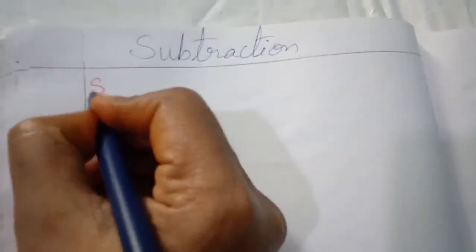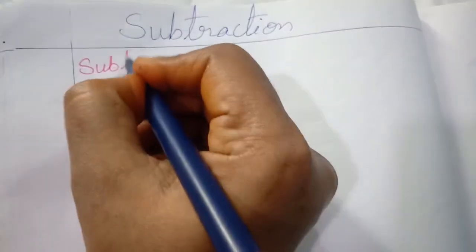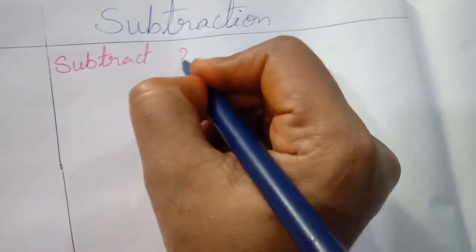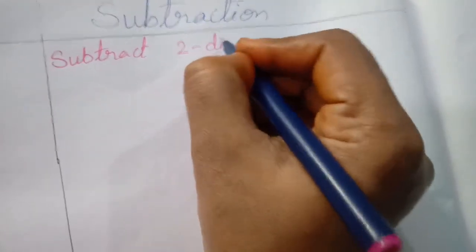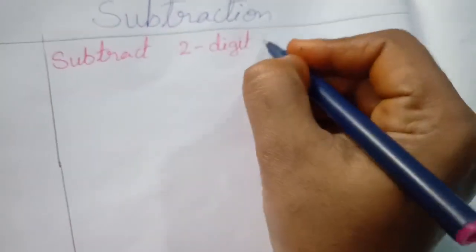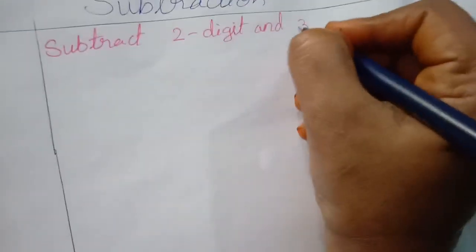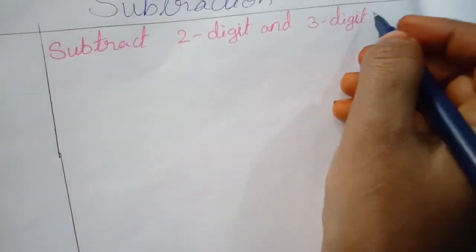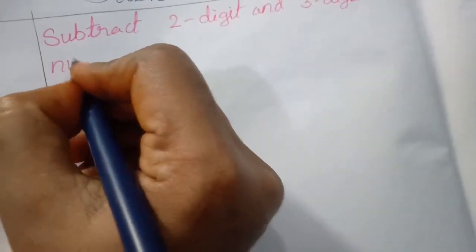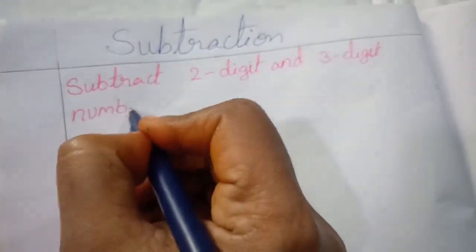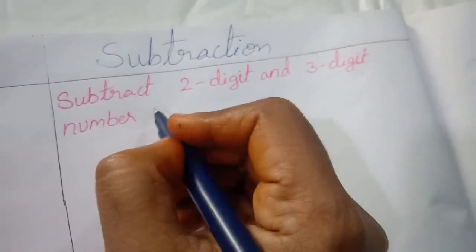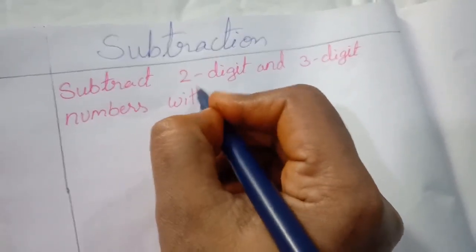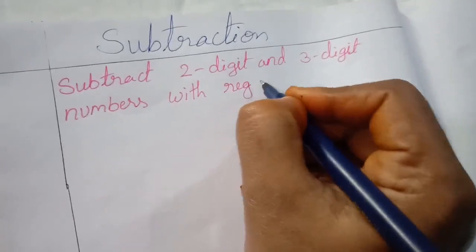Subtraction. Subtract 2-digit and 3-digit numbers with regrouping.